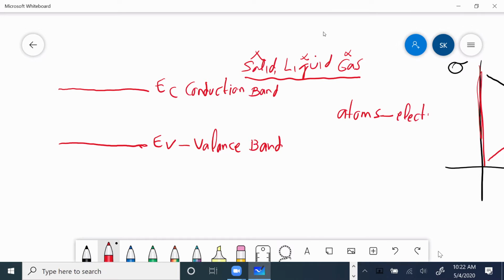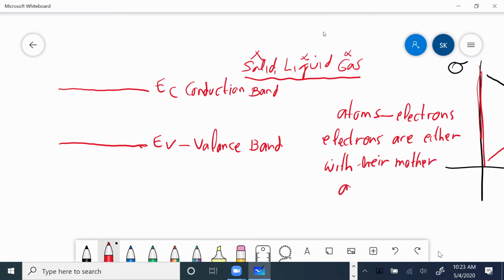And electrons are either with their mother atom, or they are free, or they have been released, they have been dispatched from the atoms.